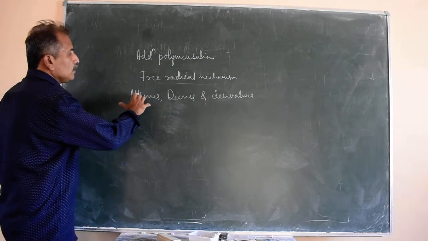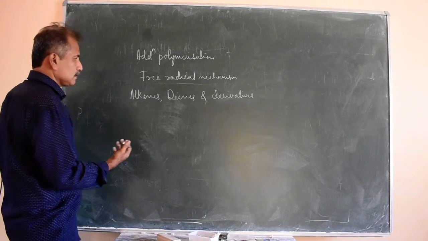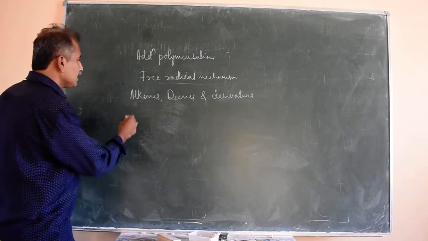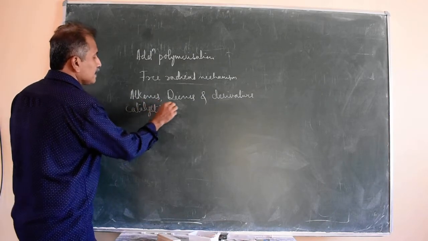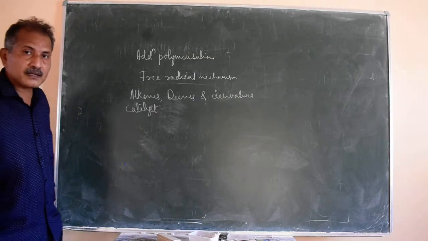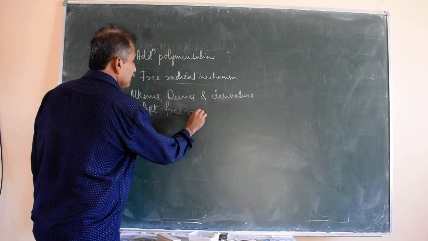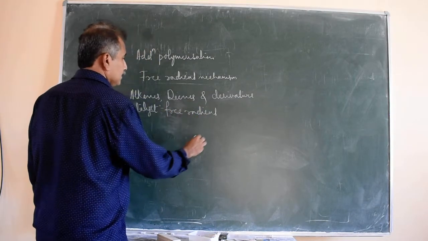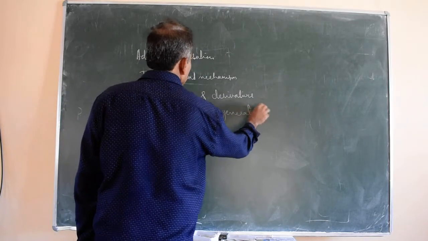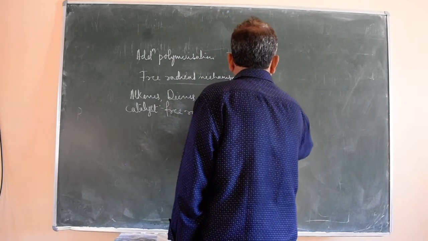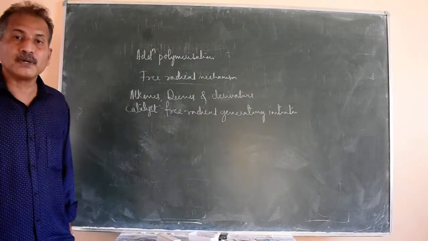Now these will undergo this mechanism in the presence of a catalyst, and that catalyst is also named as free radical generating initiator. And this most of the time is a peroxide.